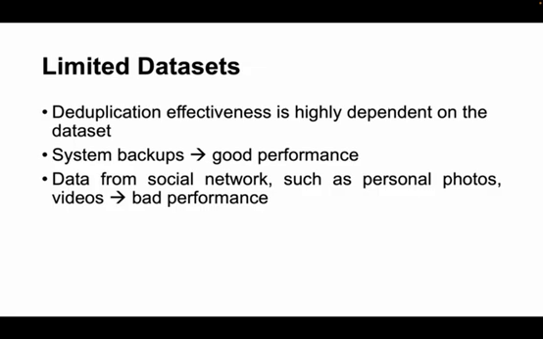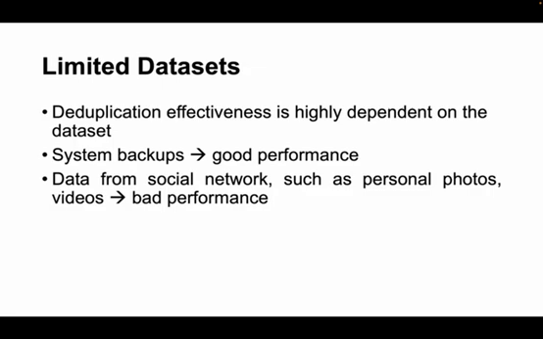Deduplication effectiveness is highly dependent on the data size. As I can see from the paper, the dataset is limited. It is obvious that file-level deduplication has a better performance on system backup because most files are identical across different system backups.